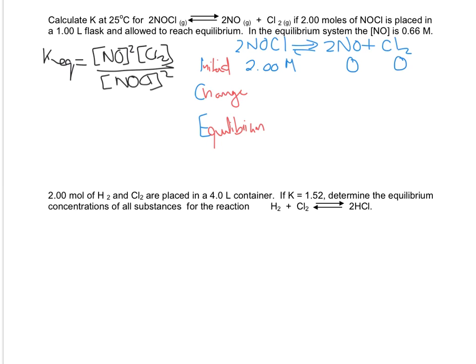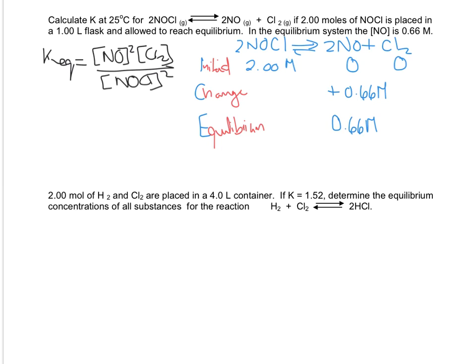The only other number we're given is that 0.66 molar, and that tells us that's the NO concentration at equilibrium, so it would go under equilibrium with the NO. So right here, you would put 0.66 molar. Now, if you started initially for NO with 0 and you ended with 0.66 molar, that means that the change was that you increased by 0.66 molar.